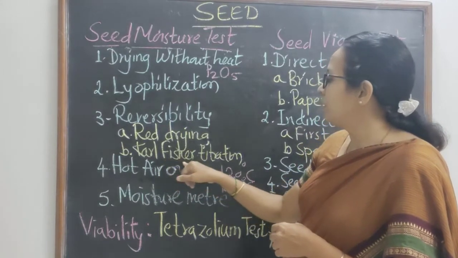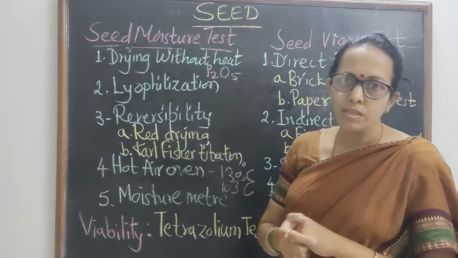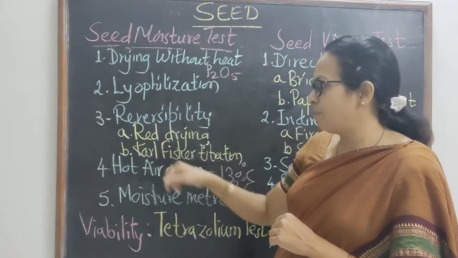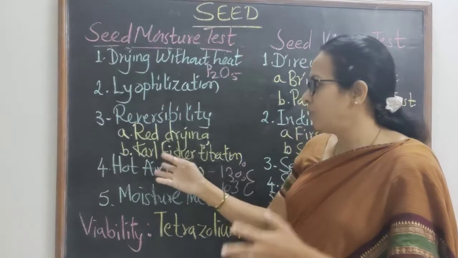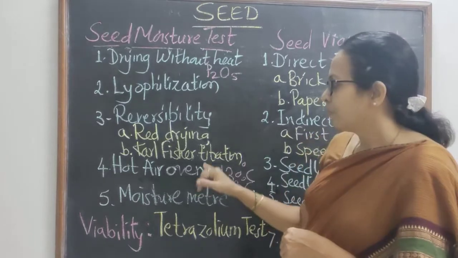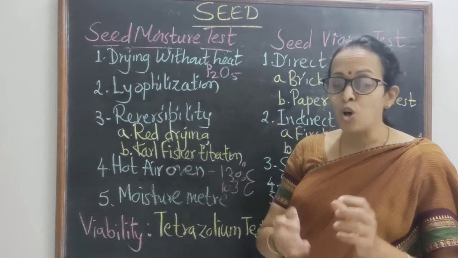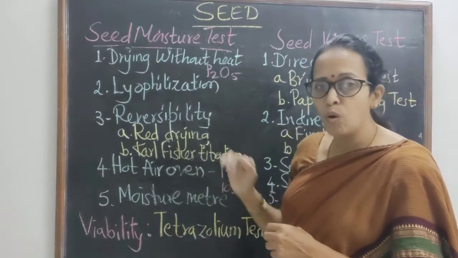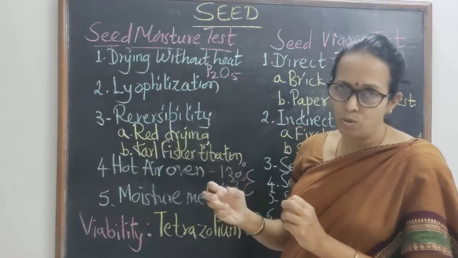Next is the Karl Fischer titration method. It was introduced by Karl Fischer, so in his honor we call it the Karl Fischer titration method, where the seed samples are extracted in solvents like methyl alcohol, so that whatever moisture is there is taken out.